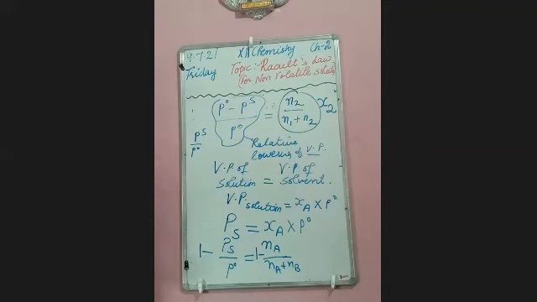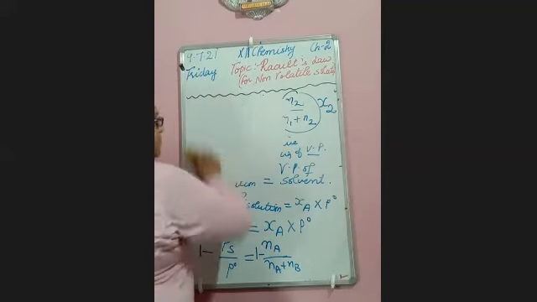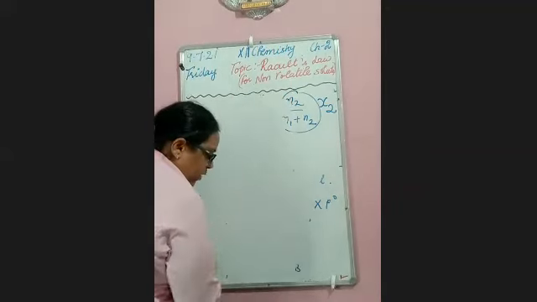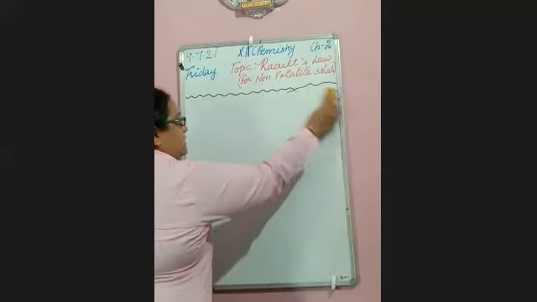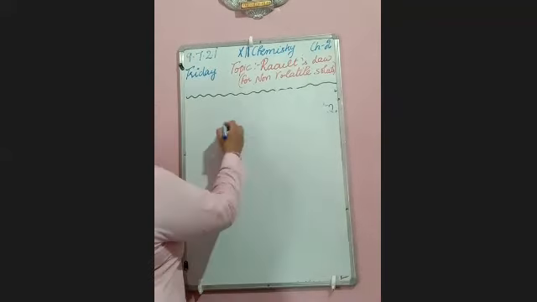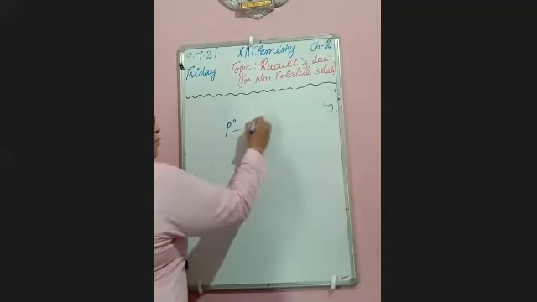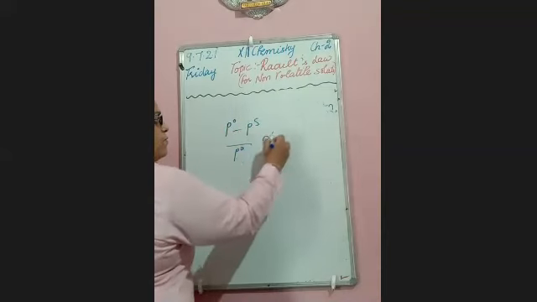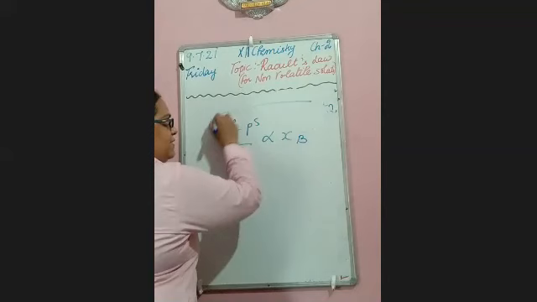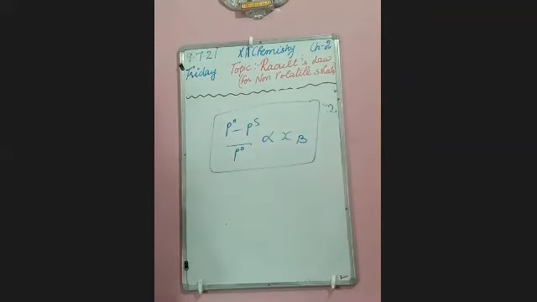This is your Raoult's law for non-volatile solute. Relative lowering of vapor pressure is directly proportional to the mole fraction of solute. This is the conclusion.